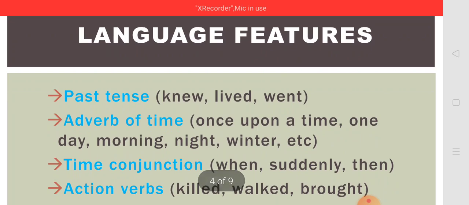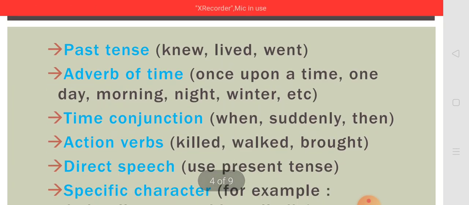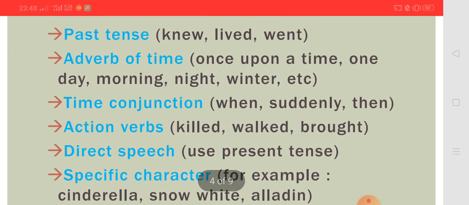The next is language features. There are some points or types of tenses that are usually used in narrative text or short stories. The first is usually past tense, and the next is adverb of time, and you can see the examples right at the slide.